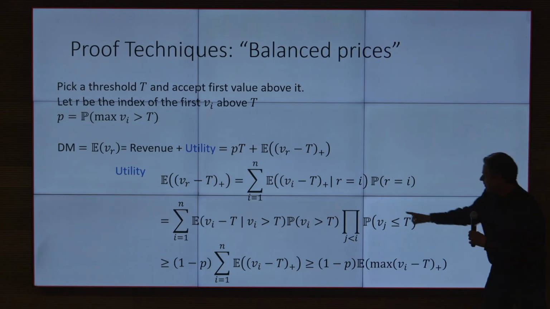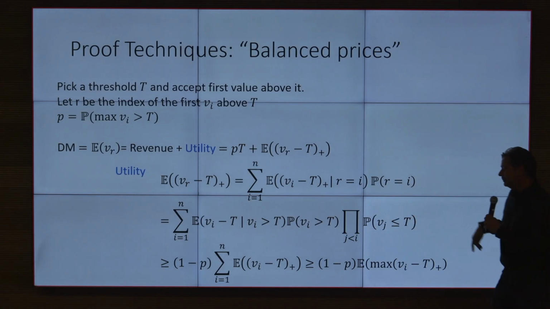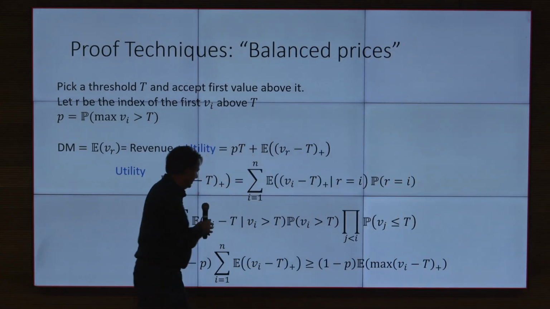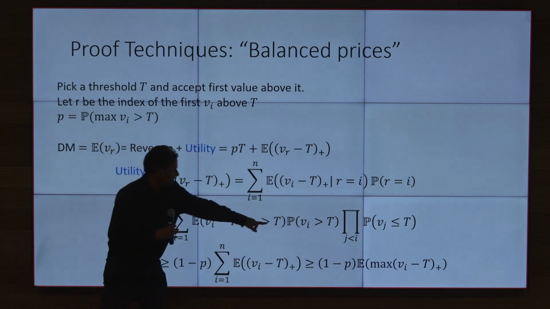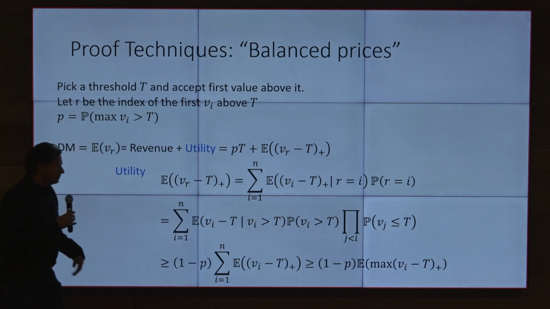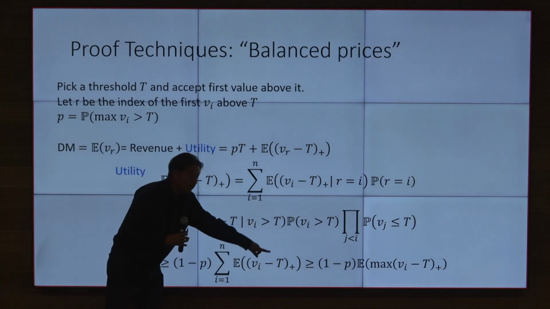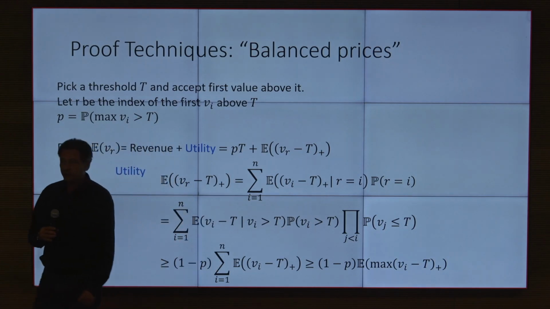So now this is 1 minus P, this product, and we can take it outside the sum. And here we just have the expectation of the positive part of V_i minus T, the conditional expectation times the probability. Now we have positive things, and the sum of positive things is more than the maximum of positive things.